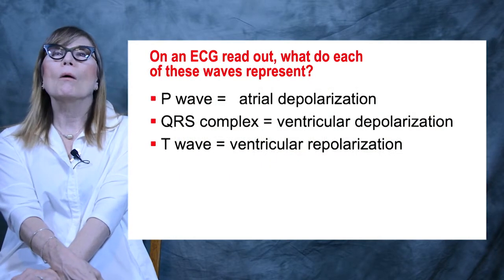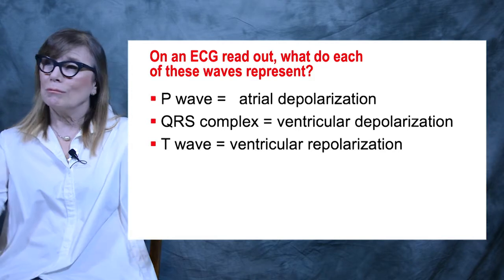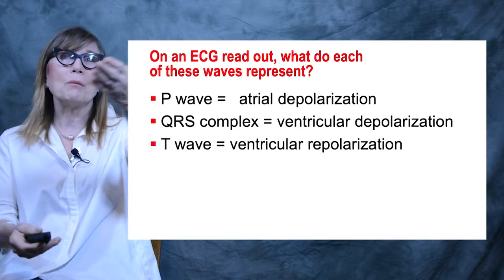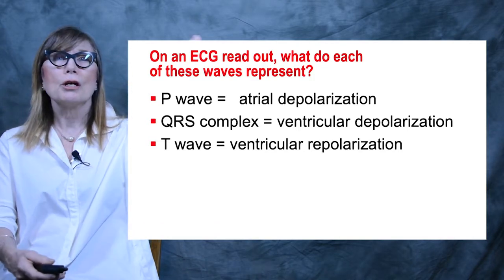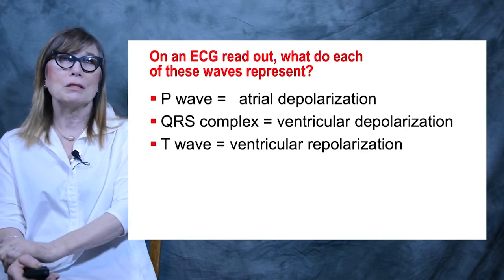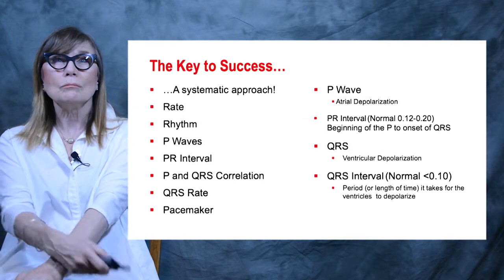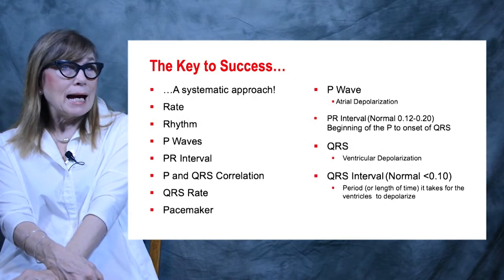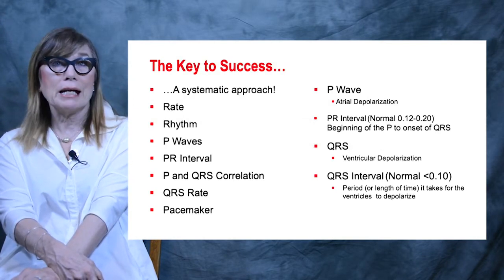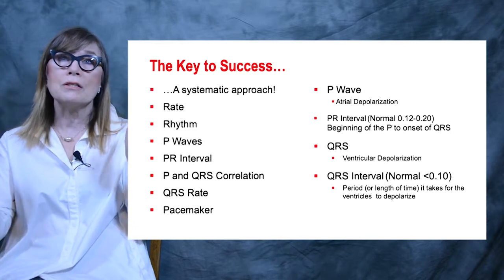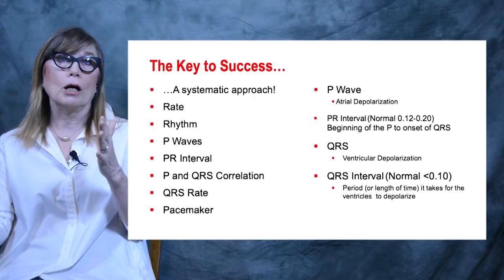Okay, so on our EKG readout, this is what each represents. P wave, atrial depolarization, QRS, ventricular depolarization, T wave, ventricular repolarization. And the key to success when we're evaluating patients and their EKGs is to always have a systematic approach.